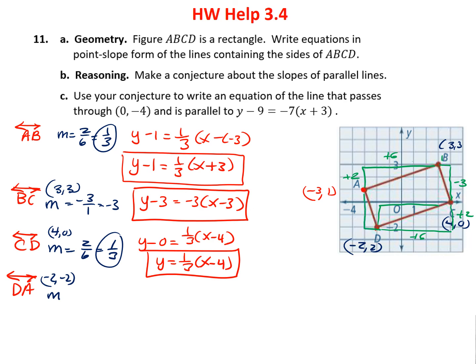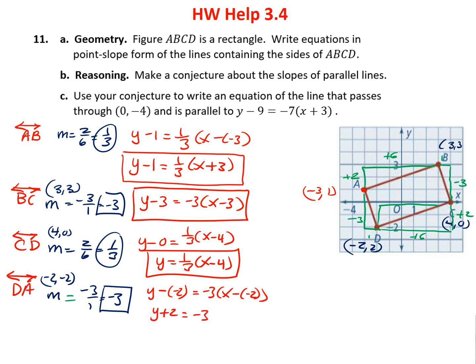If I go from here to here, it goes down 3 over 1, so it's minus 3 over 1, or minus 3. Notice that's the same as this one, because these two lines are parallel as well. So let's write our equation: y minus minus 2 equals minus 3 times x minus minus 2. Minus a minus becomes y plus 2 equals minus 3 times x plus 2. And that's the equation for our fourth line.